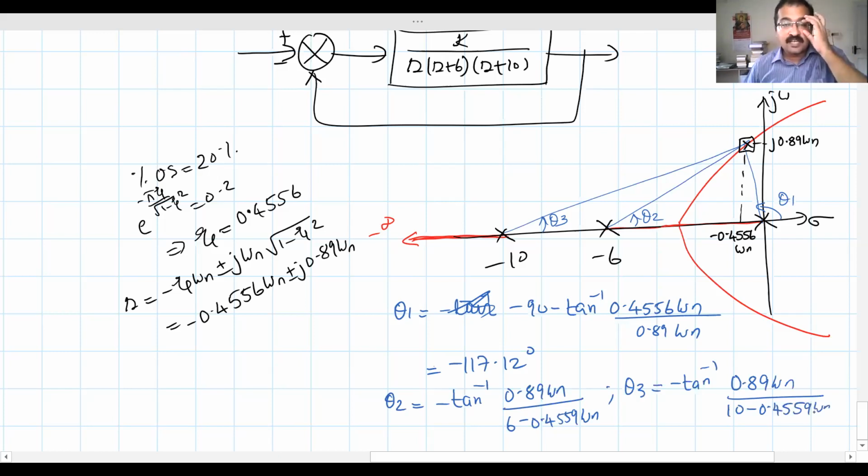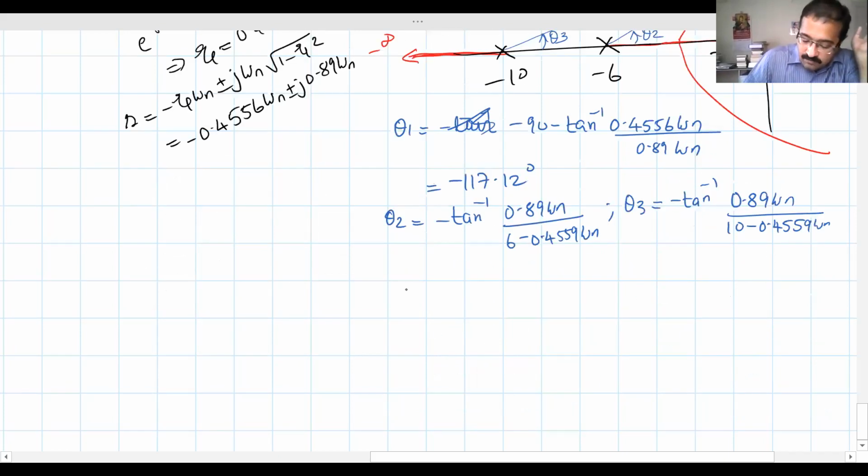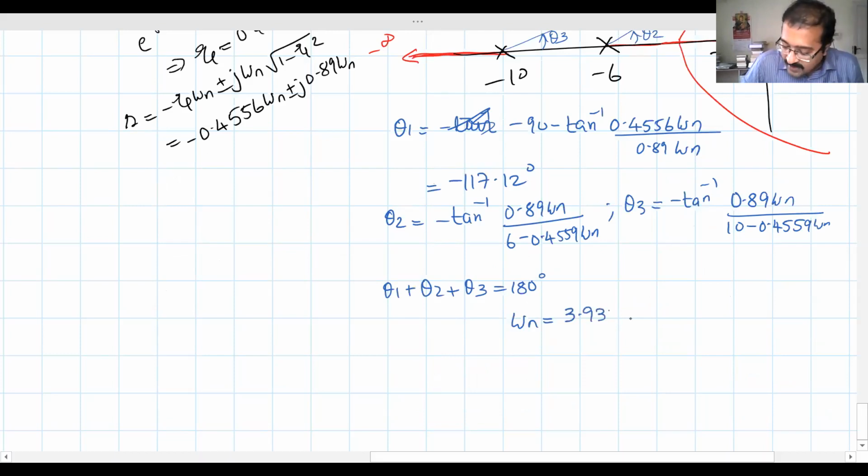As per the angle condition, the net angle has to be equal to plus or minus 180 degrees. Theta 1 plus theta 2 plus theta 3 must be equal to 180 degrees. If you substitute and solve, making use of the tan A plus B formula, you will get your omega n as 3.9339 radians per second.